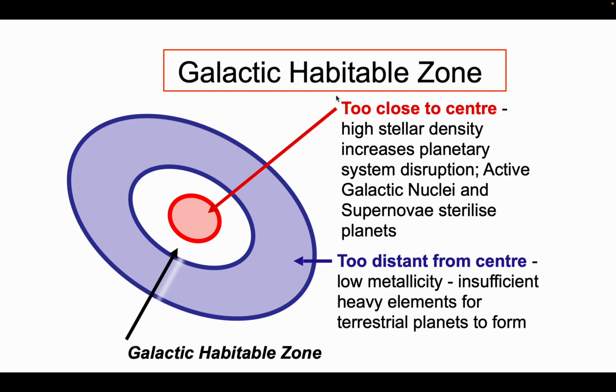We will see what the galaxy's morphology looks like. Until now you can see this galaxy is a disk. Very close to the galaxy's center, the planets cannot form because there will be a higher number of stars inside the galaxy, and the planetary system will be disrupted due to the supernova effect from the stars, or the effect of the core black hole of the galaxy itself.